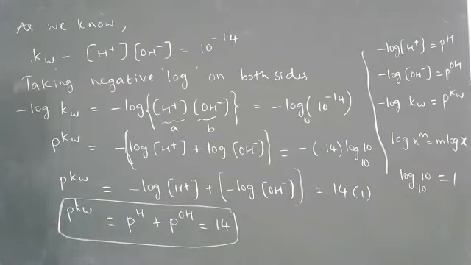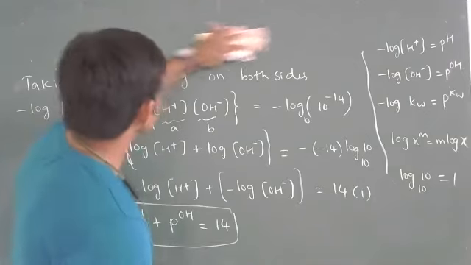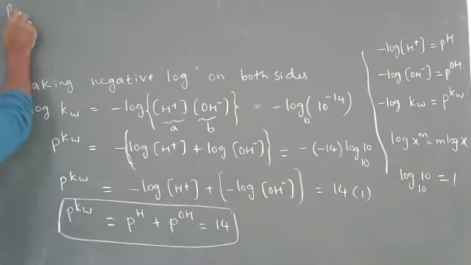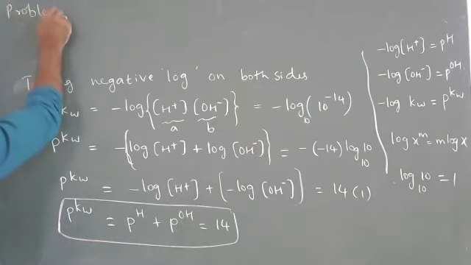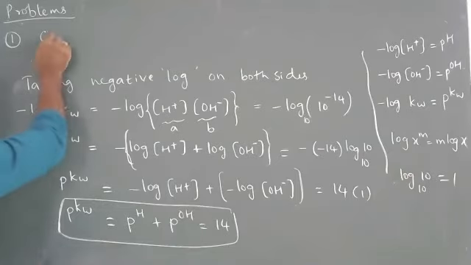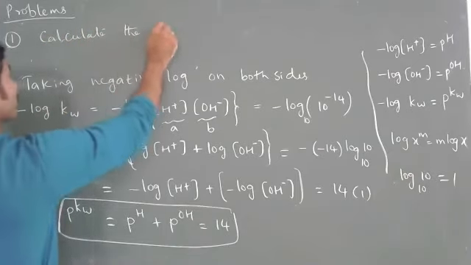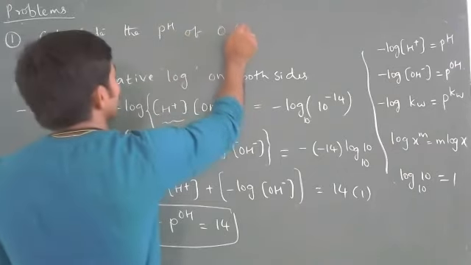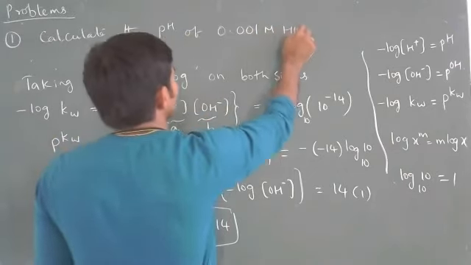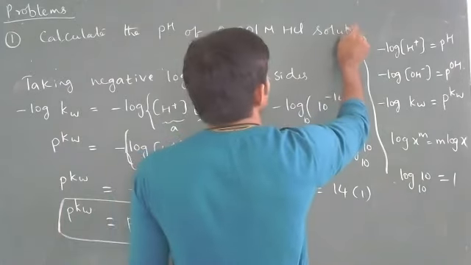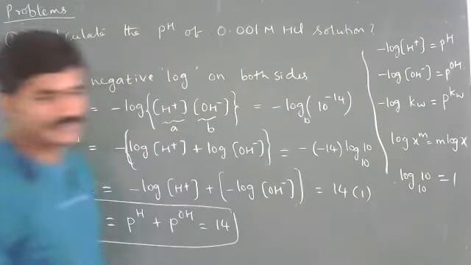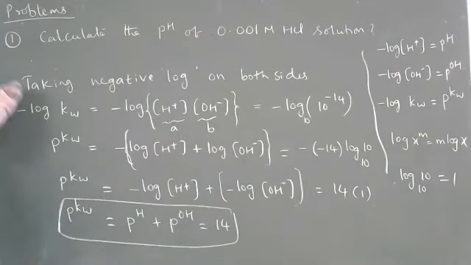Okay. Next, we'll solve some problems here. Calculate the pH of 0.001 M HCl solution.